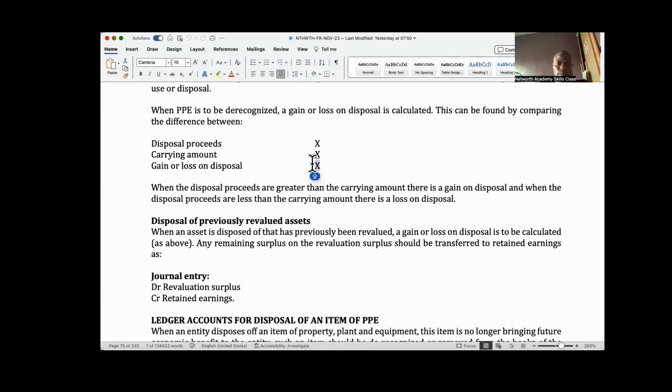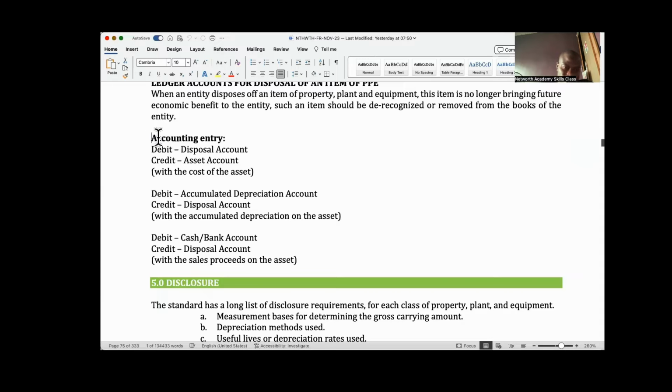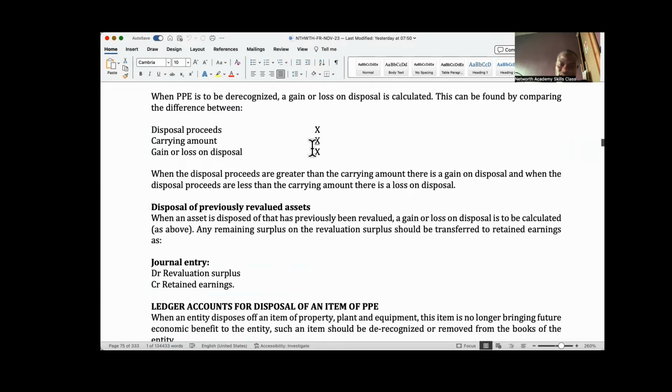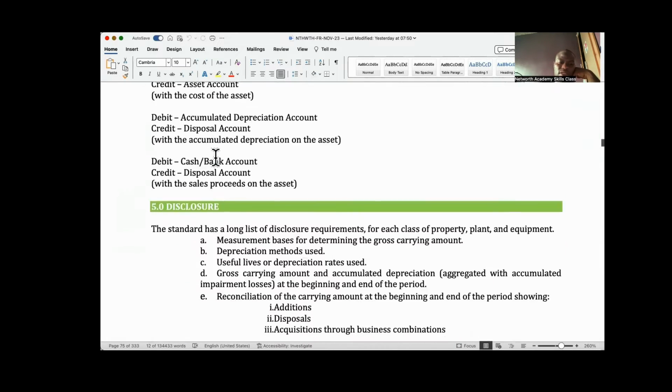But really, if you're able to do this, the resulting balance here is what you still come and get here. So you can simply just do this one if that's the only thing the examiner would always require us to do. And that is it for property, plant, and equipment.